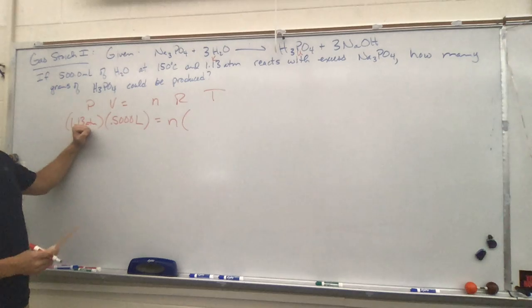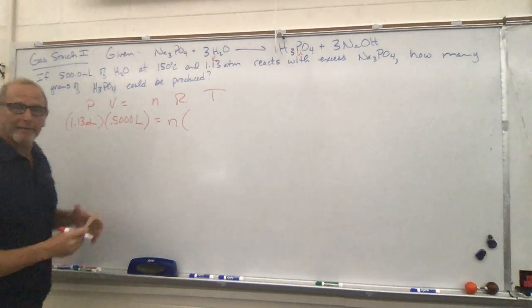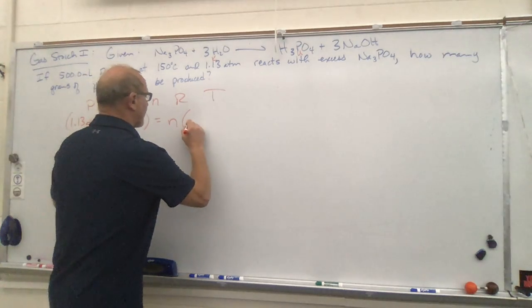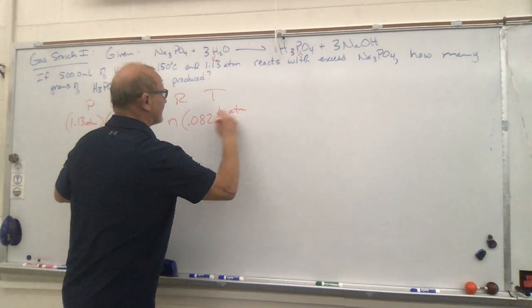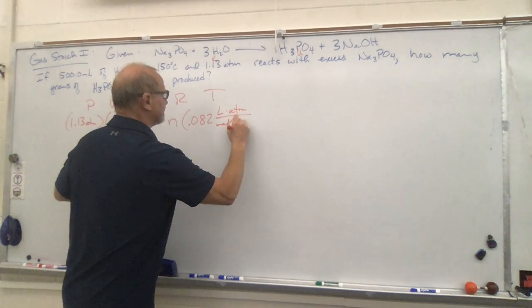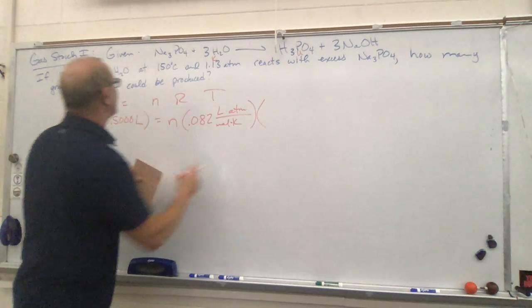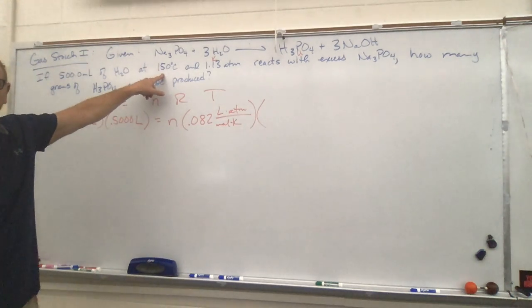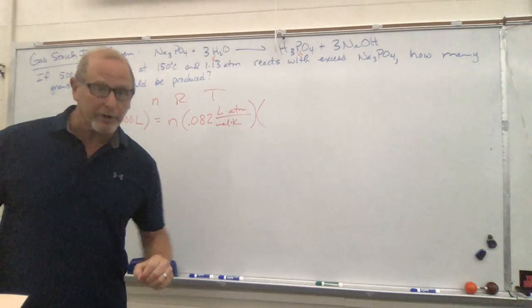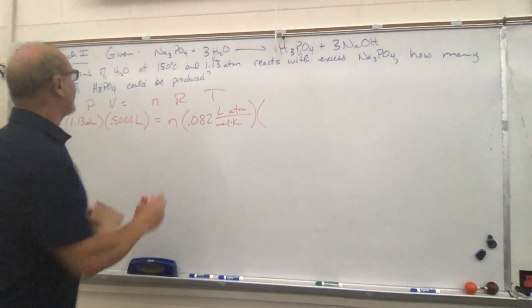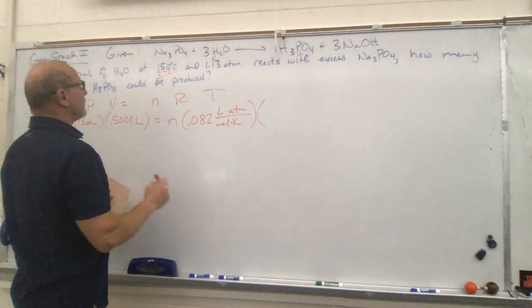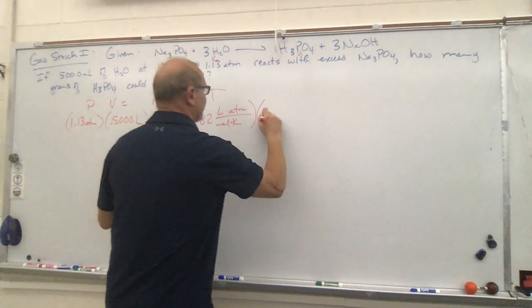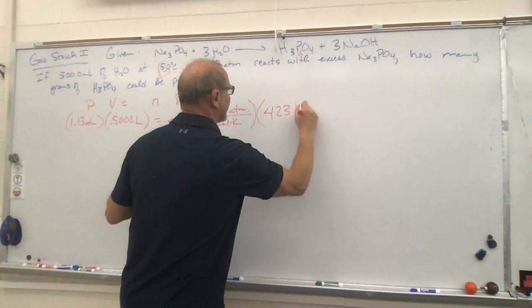And since our pressure's in atmospheres, we're going to want R as 0.082 liter atmospheres per mole Kelvin. And we ended that with Kelvin, 150 Celsius. That's pretty warm. Add that to 273. That's going to give me 423 for my temperature in Kelvin.